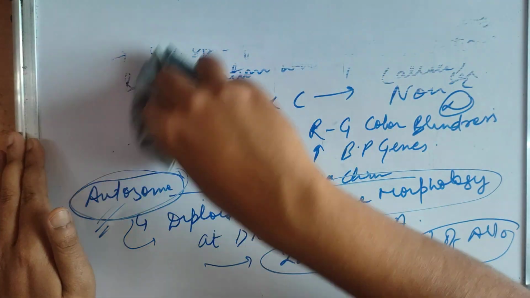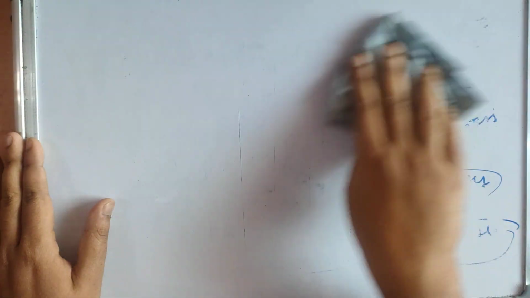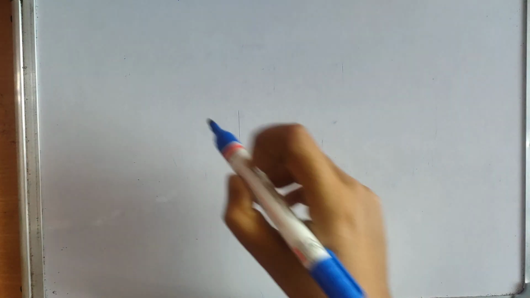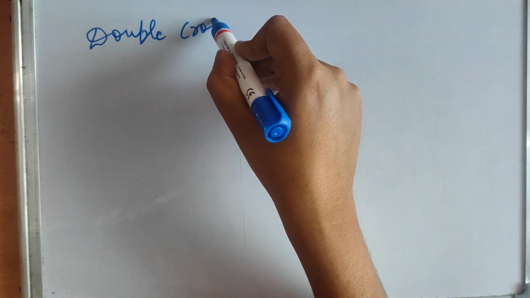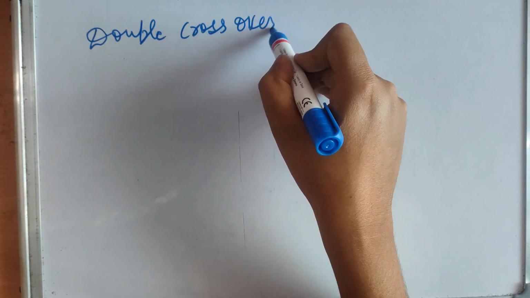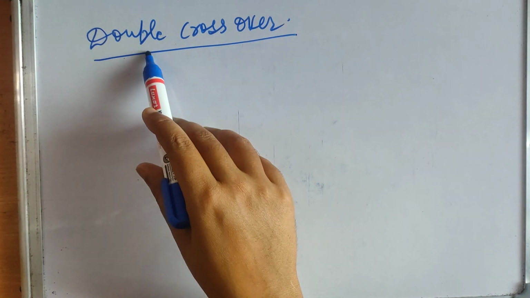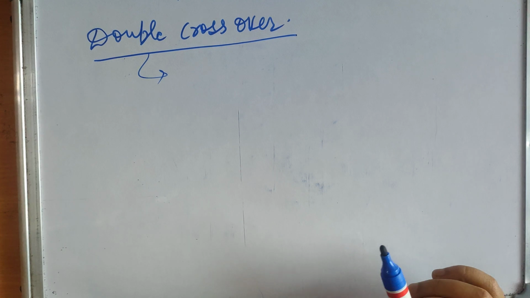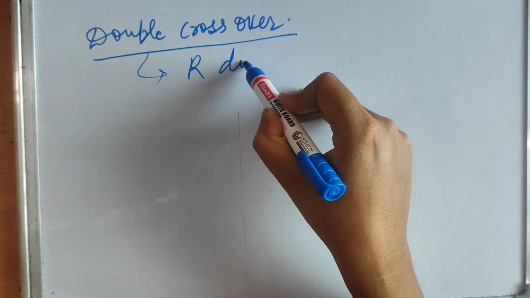Now moving to the next term, that is double crossover. Double crossing over is when recombination during meiosis happens twice in the same place.